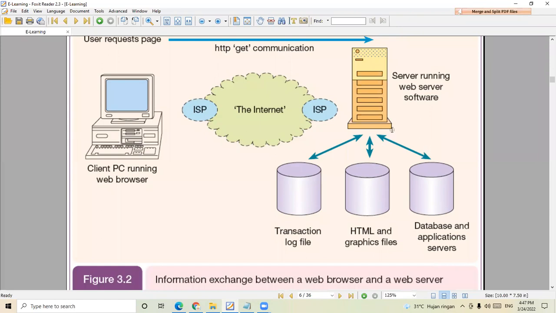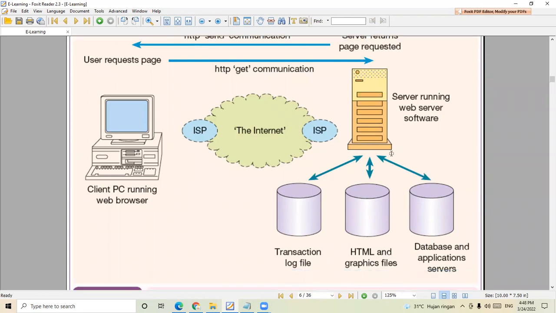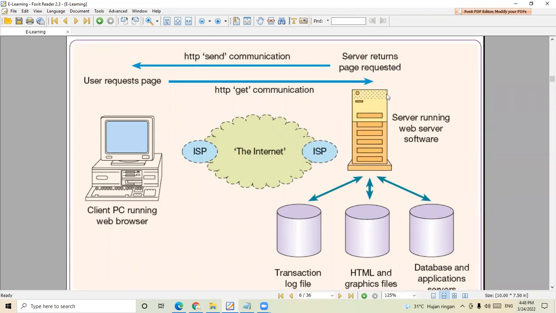For instance, there are database server, the web server, and also the transaction log file, and so on and so forth. So this is the basic technology that we use from the beginning of the internet in 1990s, 1980s. Right? Even we still use this kind of technologies until now.